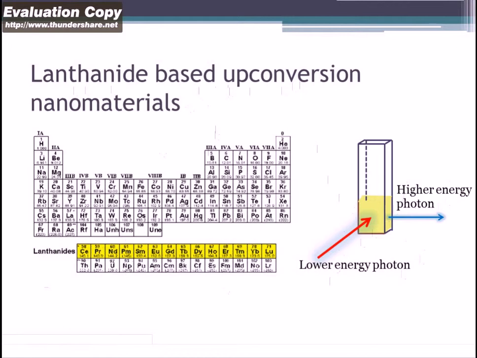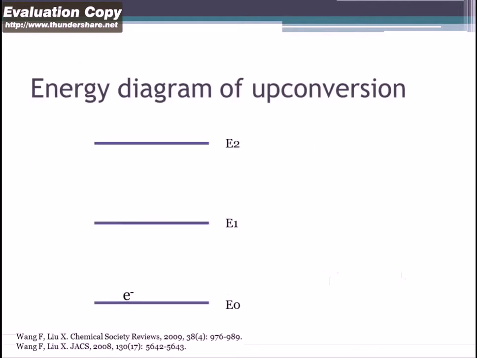To further understand the mechanism of this phenomenon, let's take a look at a typical energy diagram for the upconversion process. So after absorbing the first photon, electrons in the lanthanide's 4f orbitals are able to populate the metastable energy level E1.